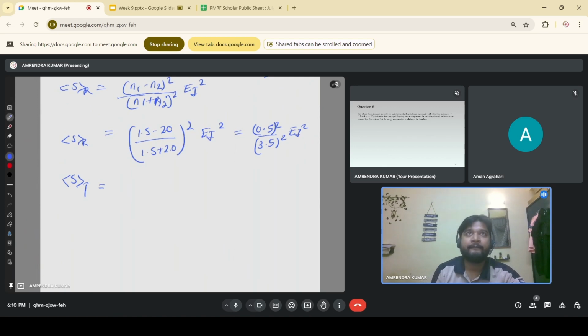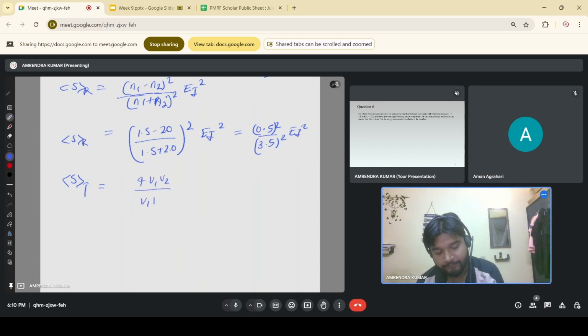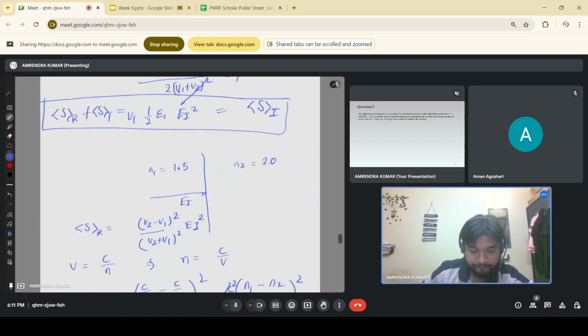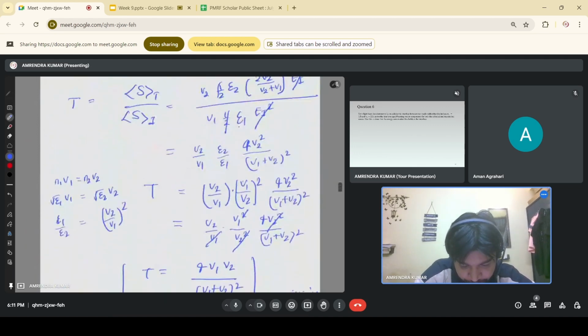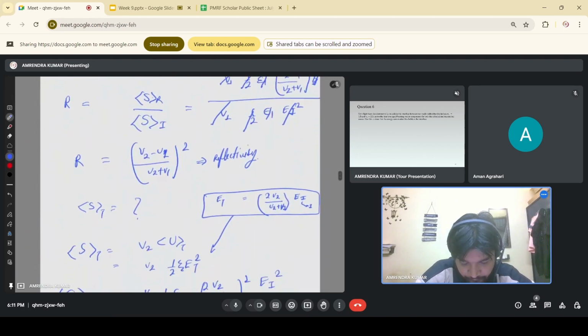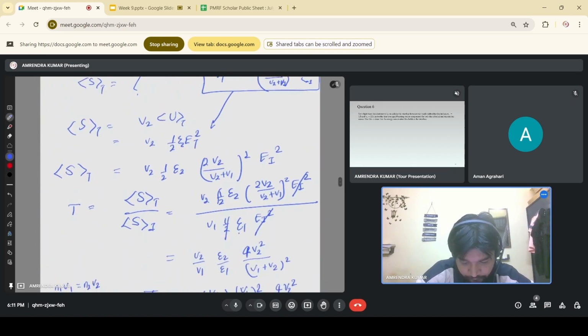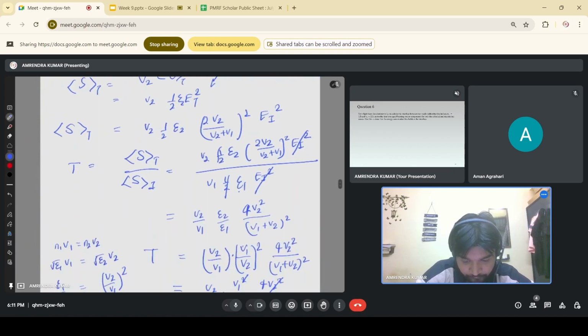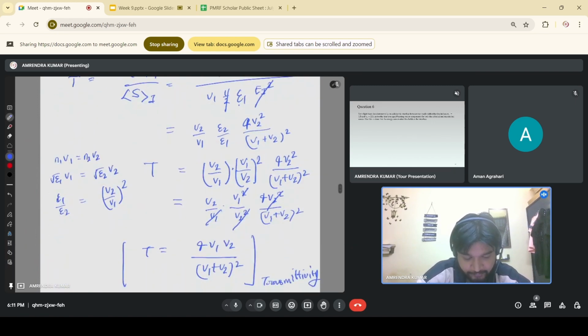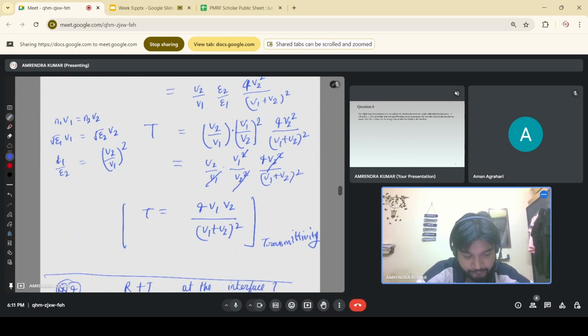So this was like 4 n2 over (n1 plus n2) squared, times EI squared. That is what I'm talking about with the transmittance and the reflectance.